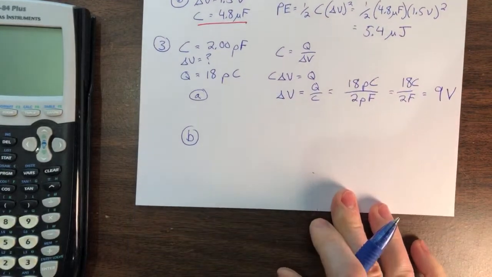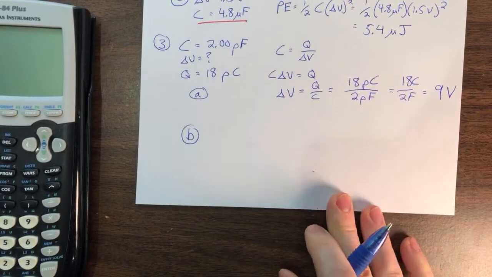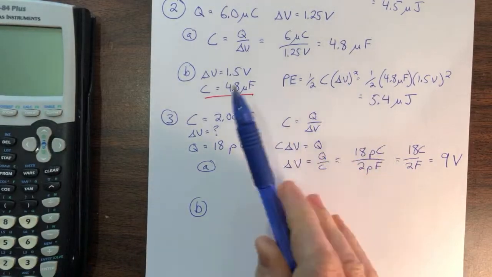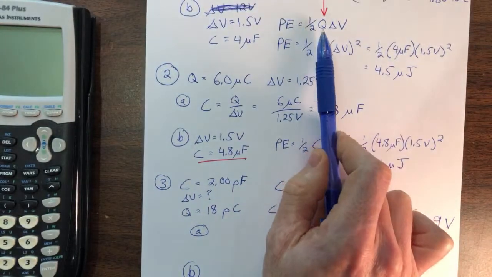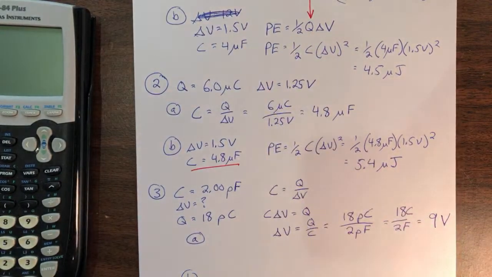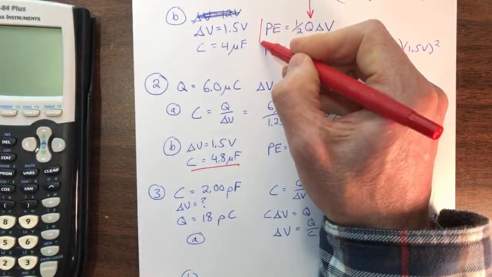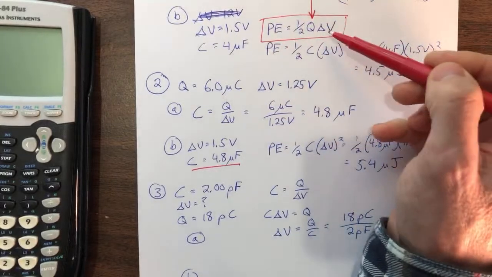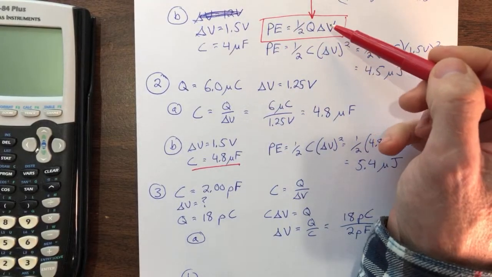All right, moving on. Oh, question here. I'm just looking over before we go to B. What about the potential energy's 1/2 Q delta V equation? Is that applicable here? Yeah, it's applicable for any of these. Whichever one you want, this potential energy is 1/2 Q delta V. This is going to be kind of your go-to potential energy equation, simply because that's your potential energy stored in a capacitor.